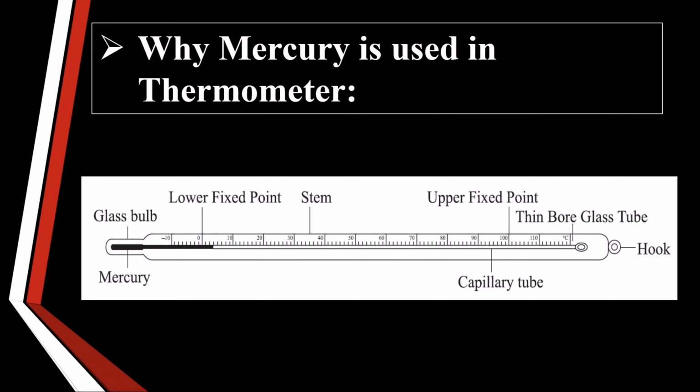It is used in thermometers because it has a high coefficient of expansion, which makes it easy to move in the thermometer as per the temperature. Mercury has a high boiling point, which makes it suitable to measure higher temperatures. Nowadays, mercury has been replaced by alcohol as it is harmful for us.